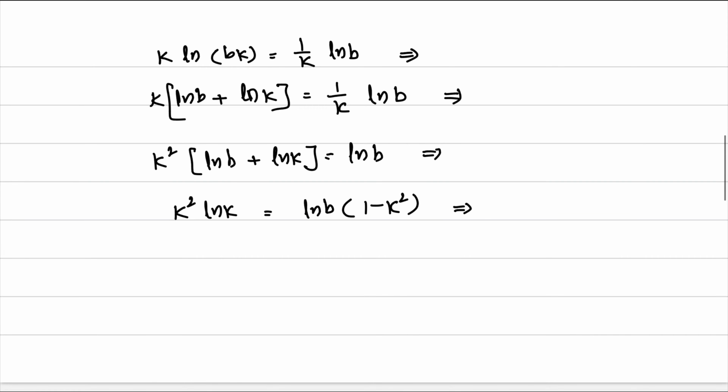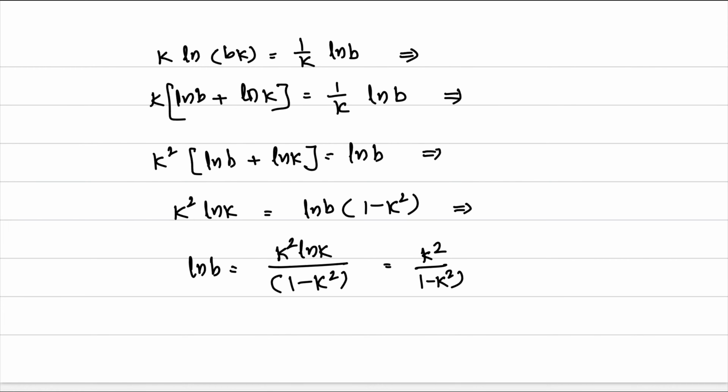That implies ln b is equal to k square ln k divided by 1 minus k square, that is equal to k square by 1 minus k square into ln k.